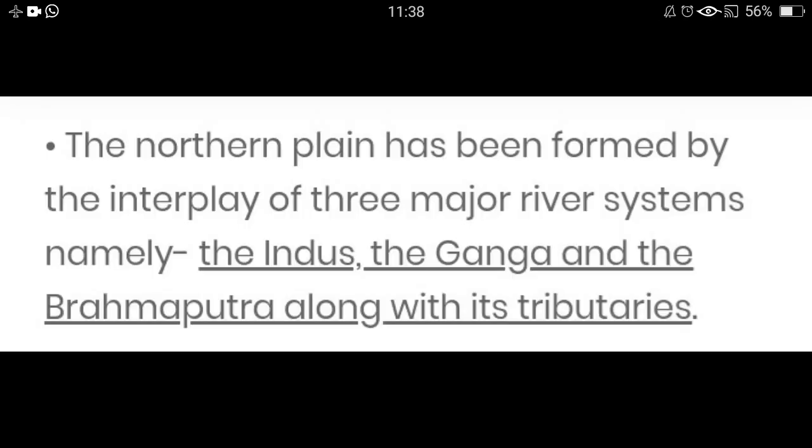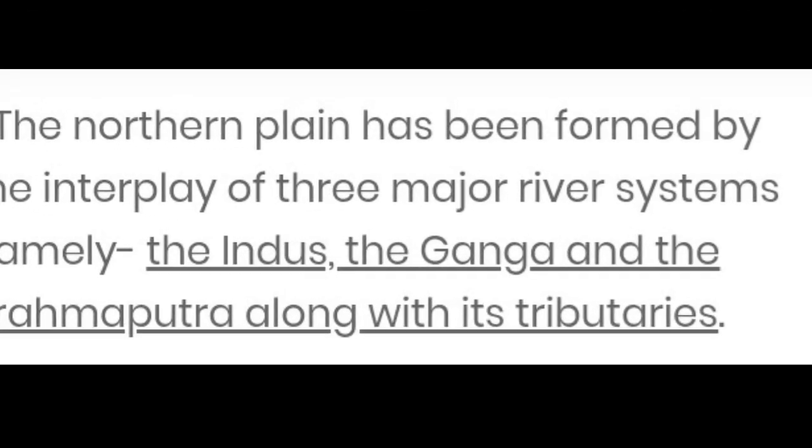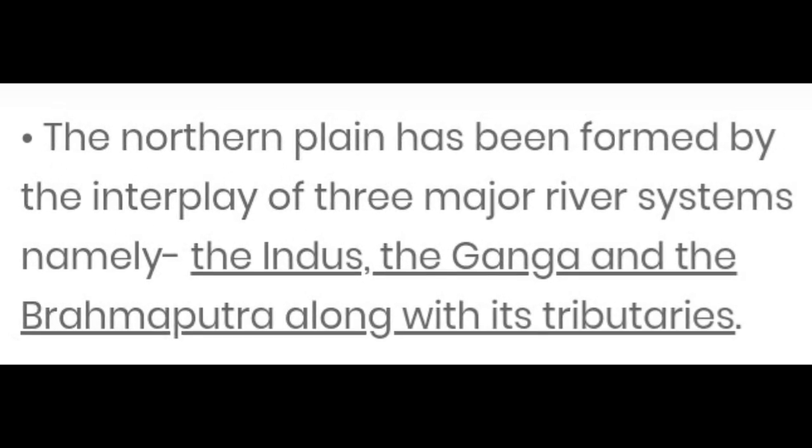Now let us discuss the features of the northern plains one by one. First feature of the northern plain is that it has been formed by the interplay of three main river systems.